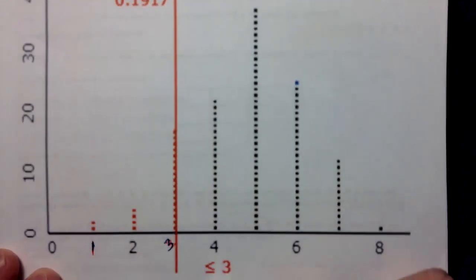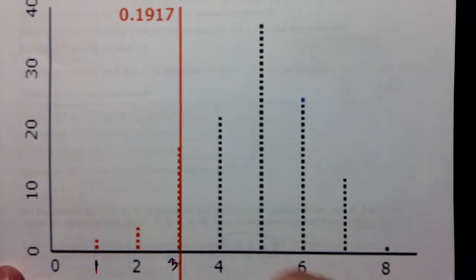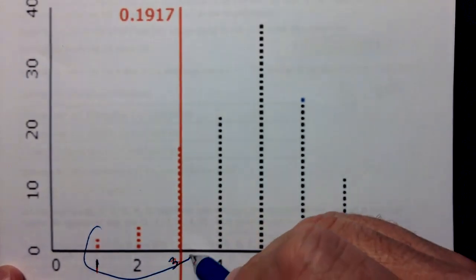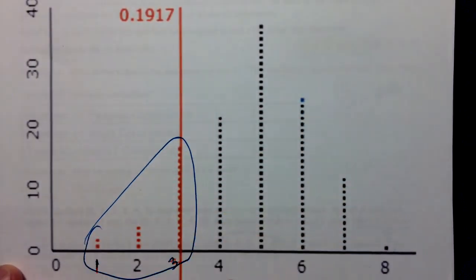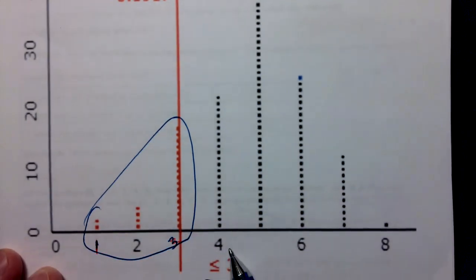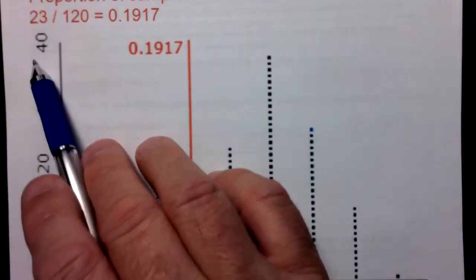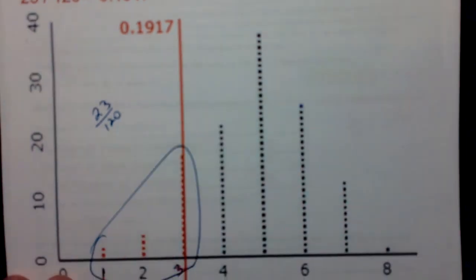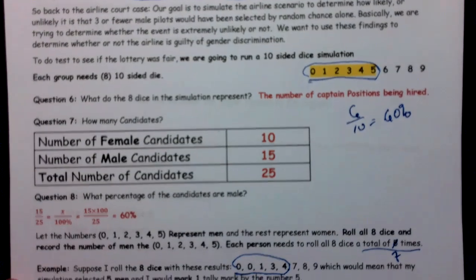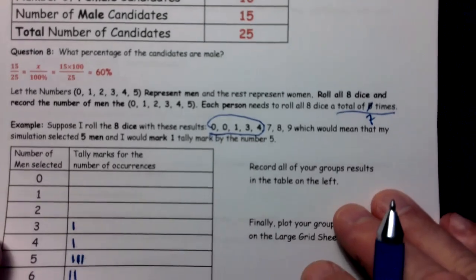So I was looking for the times that we had less than 3. Well, less than 3, or 3 or less, I should say, are these values. And it happened 23 out of 120 times. That's how many times it happened on a simulation. I did several others as well, but that was probably the most common one, was 23 out of 120.